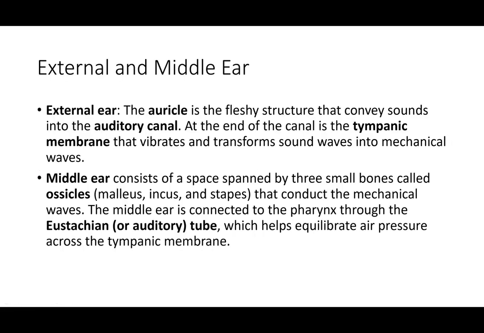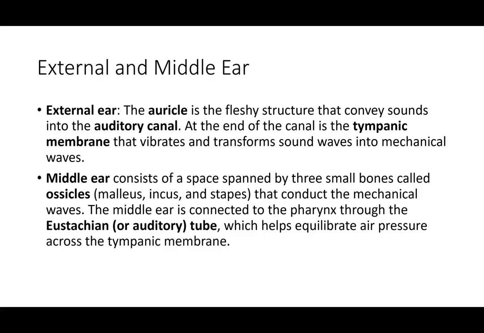All right, so first up is the ear, the sense of hearing, and this is one of our special senses. A lot of this initial stuff was covered in lab. We have the external ear with the auricle, the auditory canal, and the tympanic membrane.